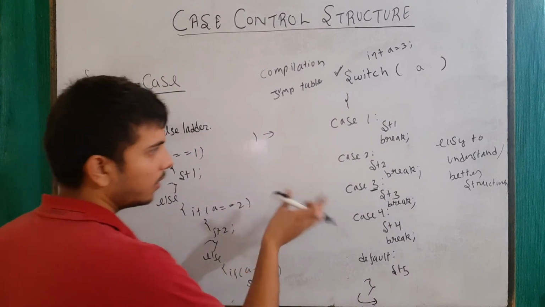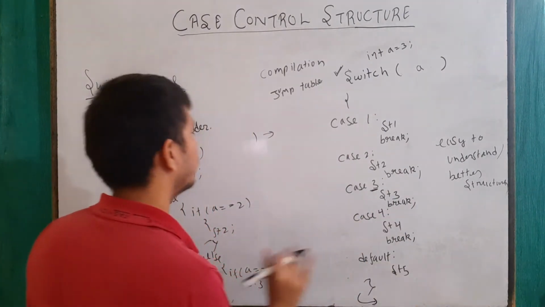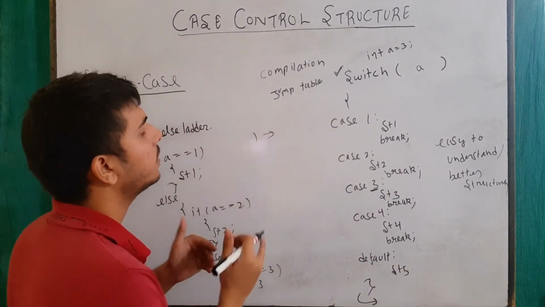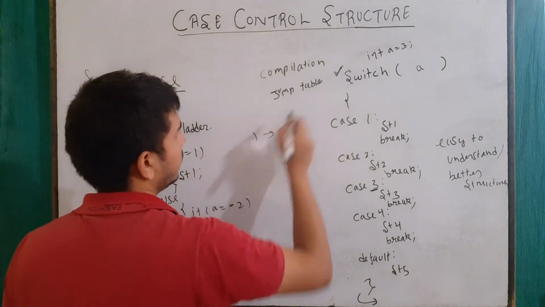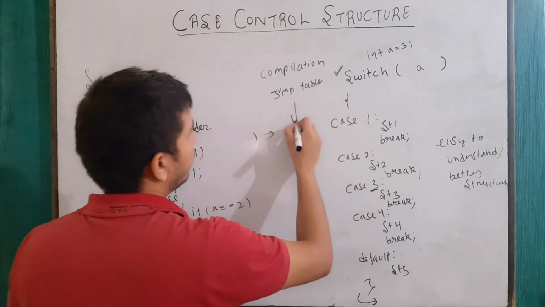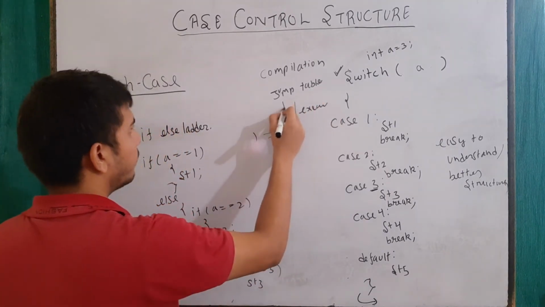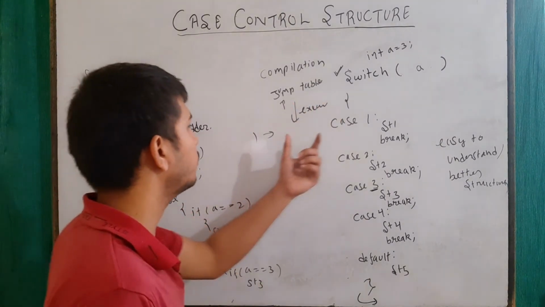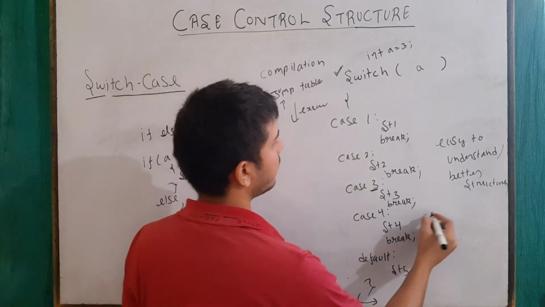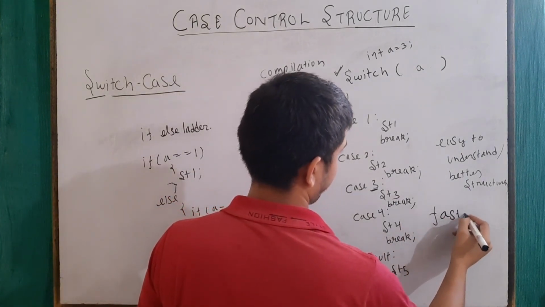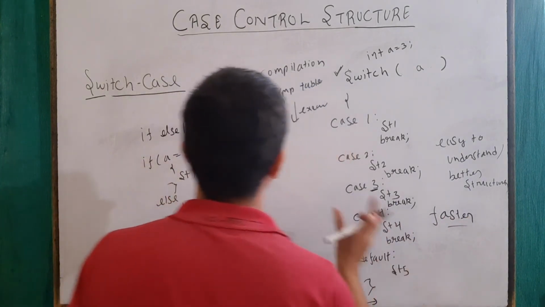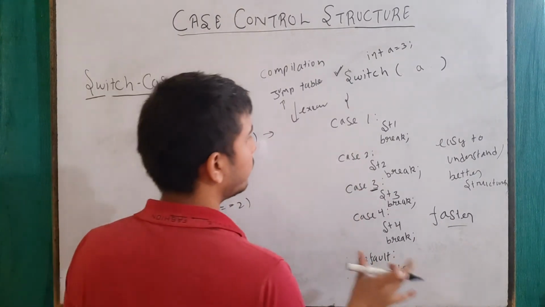If the case is 3, these lines will execute, and so on. So during the compilation itself, it creates a table. Then in execution it uses this jump table, and the execution of the code becomes much more faster. Note again, execution of the code becomes much more faster.